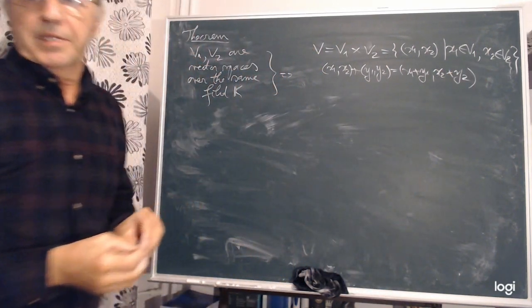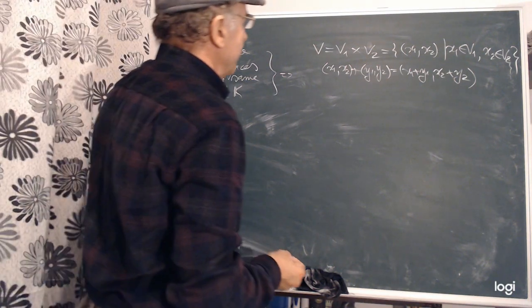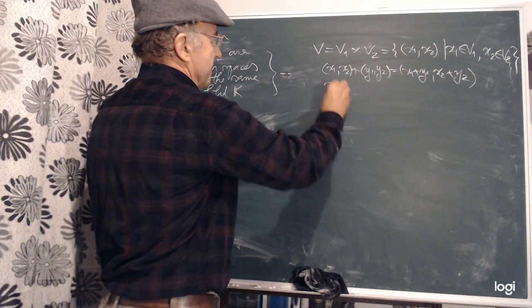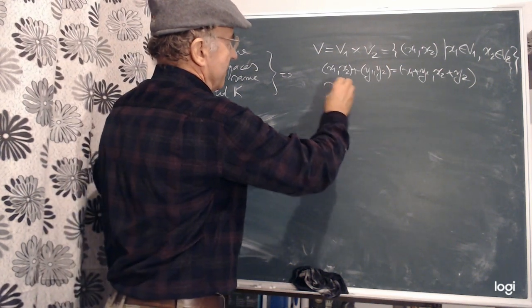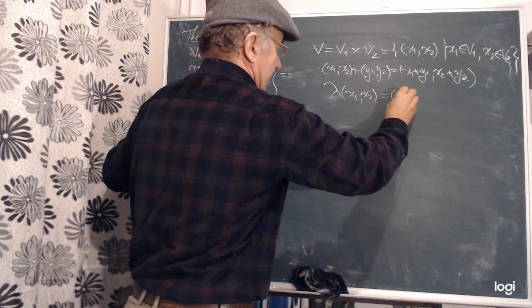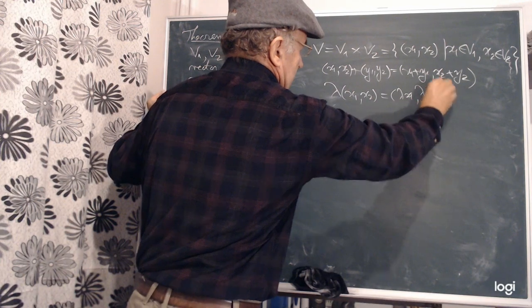And the multiplication with the scalar lambda, lambda times (x1, x2), is also by components: (lambda x1, lambda x2).